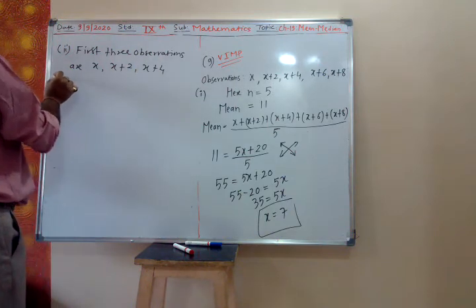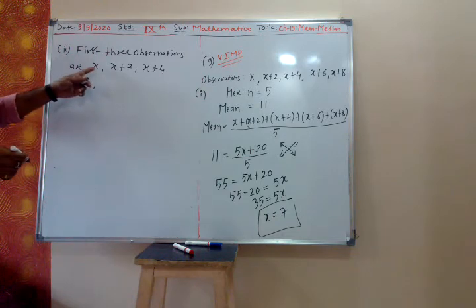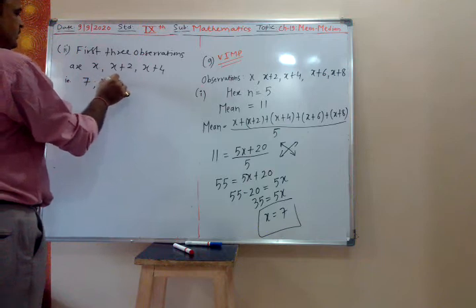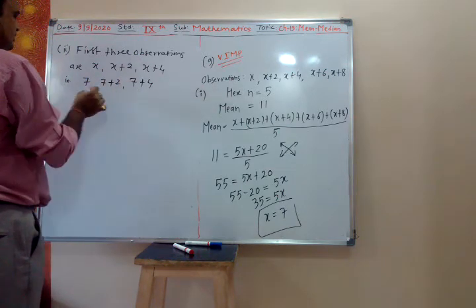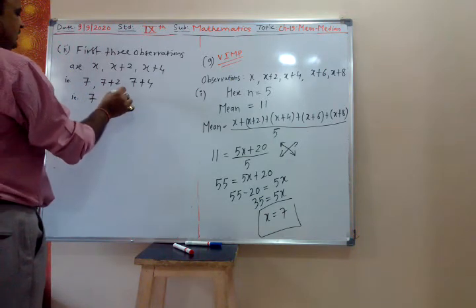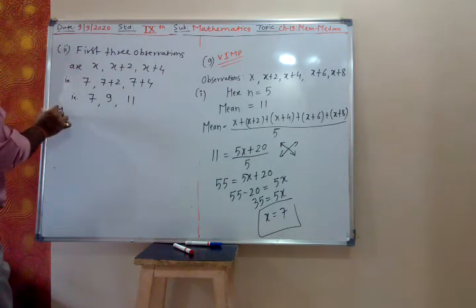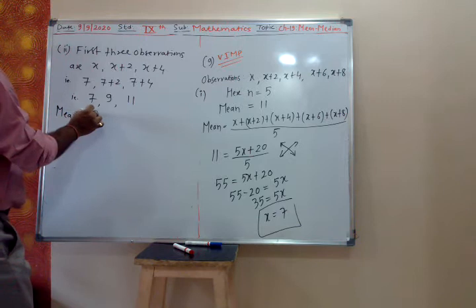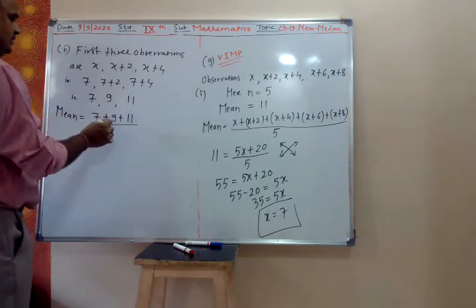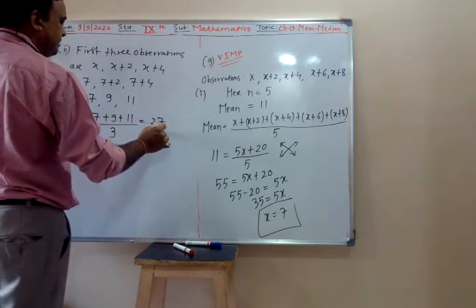Putting x as 7, they are 7, 9 and 11. The mean is 7 plus 9 plus 11, divided by 3.